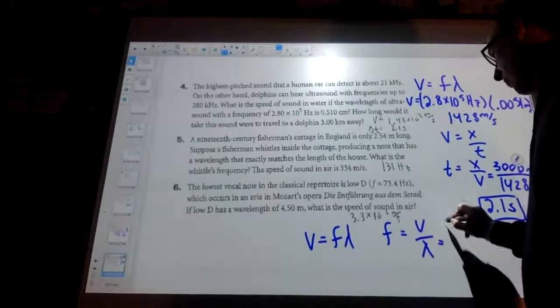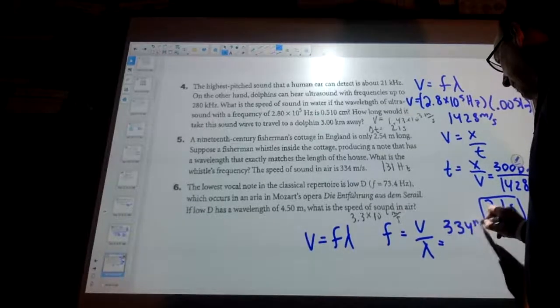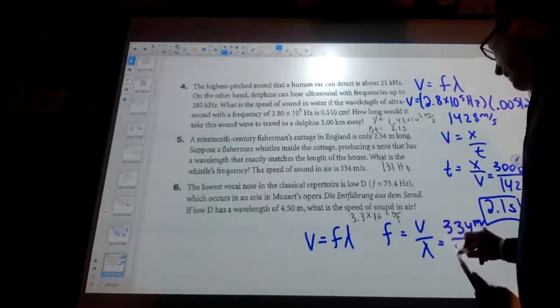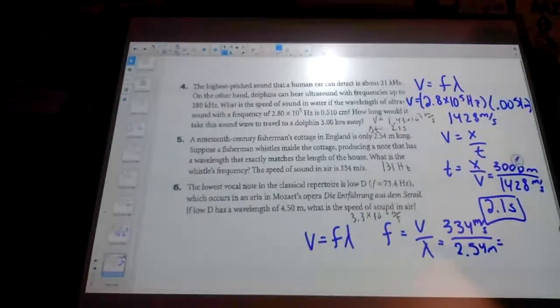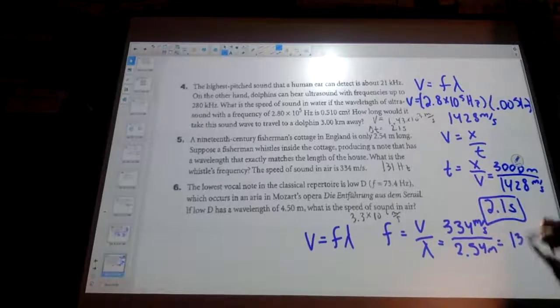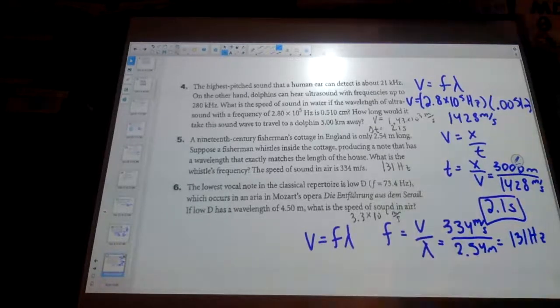Frequency is going to be equal to velocity over wavelength. So I have 334 divided by the 2.54 meters. I have 131 hertz.